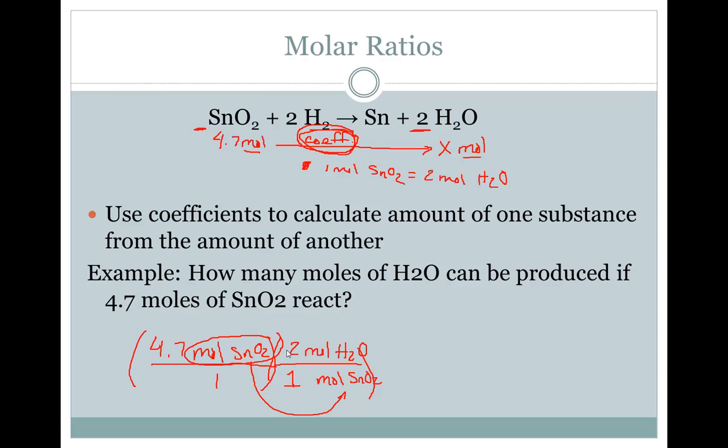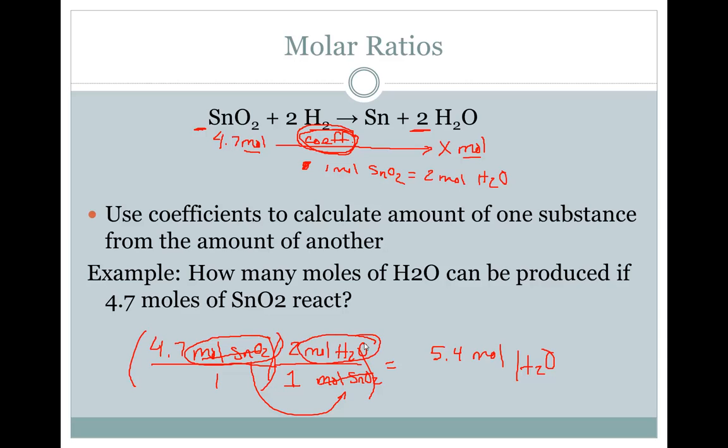Notice that the moles of SnO2 cancel each other out. So it's 4.7 times 2 divided by 1, and that comes out to be 5.4 moles of H2O. Remember, whatever's on the top of your last line is what your units are going to be.